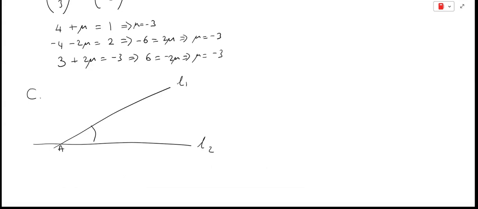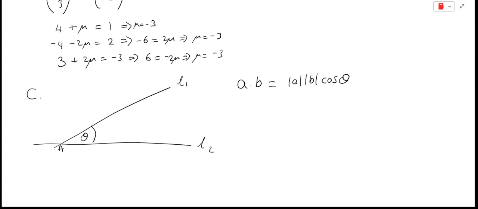And we're trying to find this angle here. When we're finding the angle, we need to use A dot B equals mod A mod B cos theta, and theta is the angle in between these two vectors.